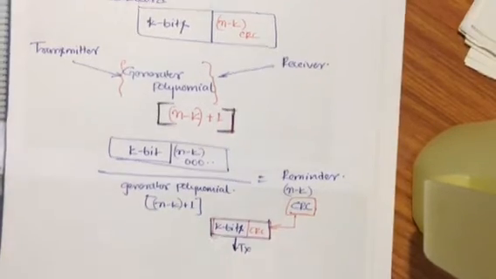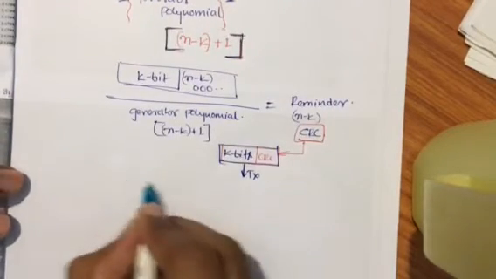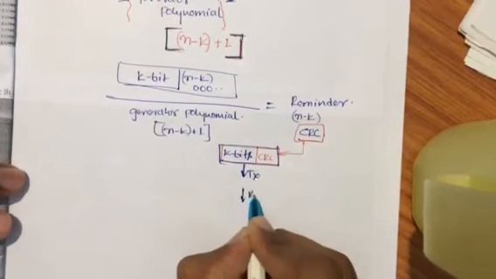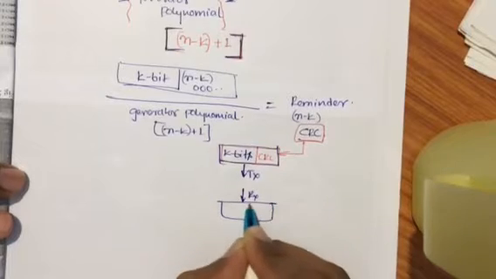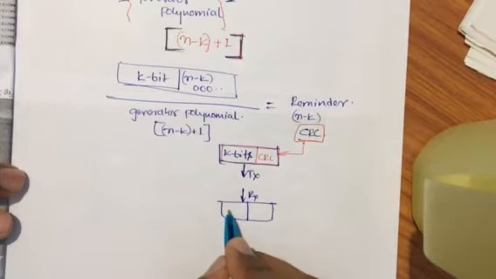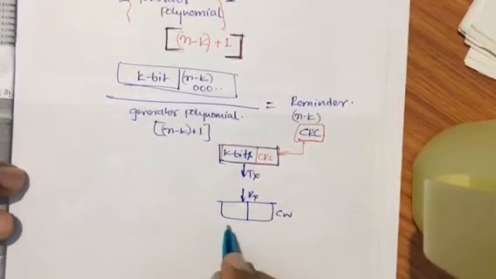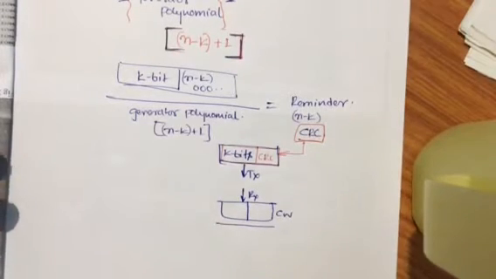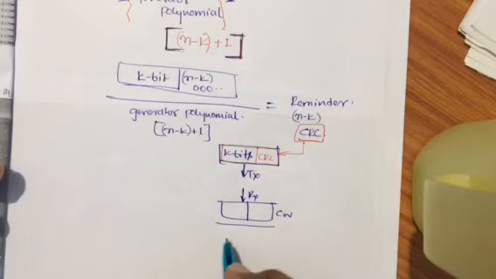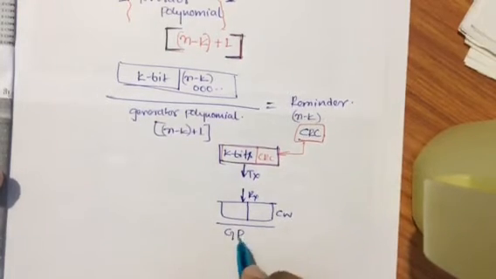my transmitter part. At the receiver part, what my receiver does is it again takes this whole code word, and I'm going to do the same operation, because this is again an XOR division. I'm going to divide this with my generator polynomial.